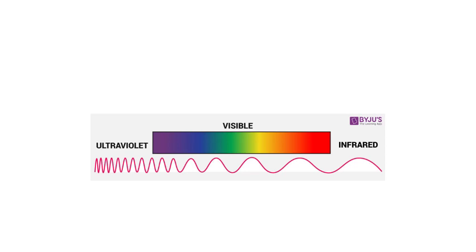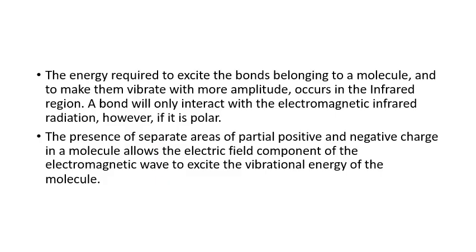Ultraviolet has very high energy, whereas infrared has very low. The energy required to excite the bonds belonging to a molecule and to make them vibrate with more amplitude occurs in the infrared region.